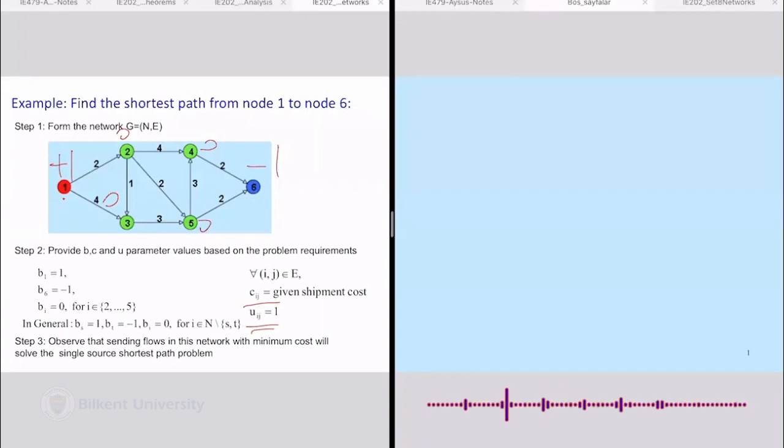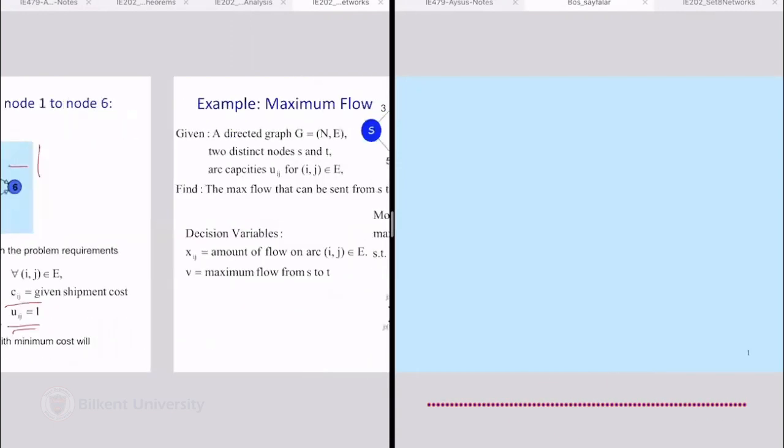So with this definition, from node 1, I'll have 1 unit out. From node 6, I'll have 1 unit in. And for everybody else, out minus in equals 0. And xij is the amount of flow over that arc, right? That will give me the MCNFP formulation.